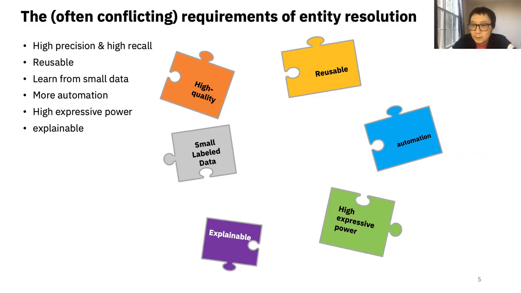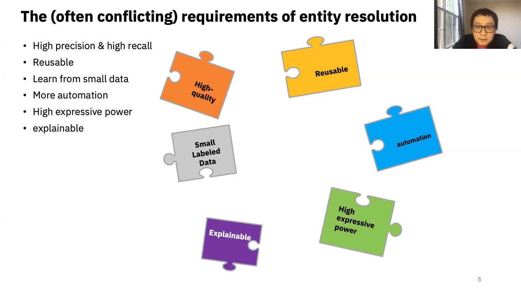It would be nice if we can reuse some of the assets. Next, in most realistic scenarios, we may not have any labeled data, or we only have very little labeled data. So in such a case, how can we still learn a high quality model?